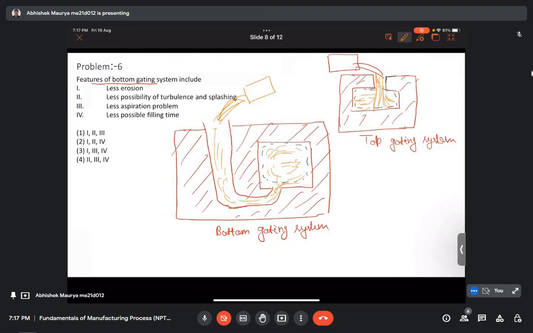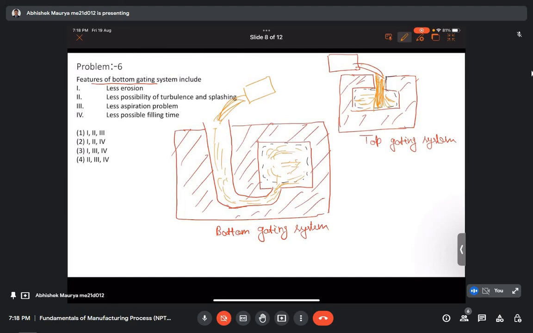Let's start looking together at what will happen when molten metal is poured inside the cavity. In the top gating system, when molten metal comes from the top to the bottom, its velocity increases, and because of this increased velocity the molten metal has some momentum.